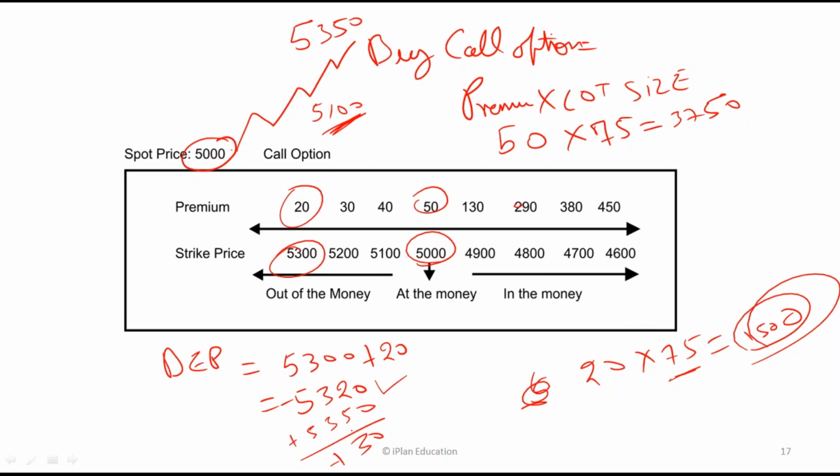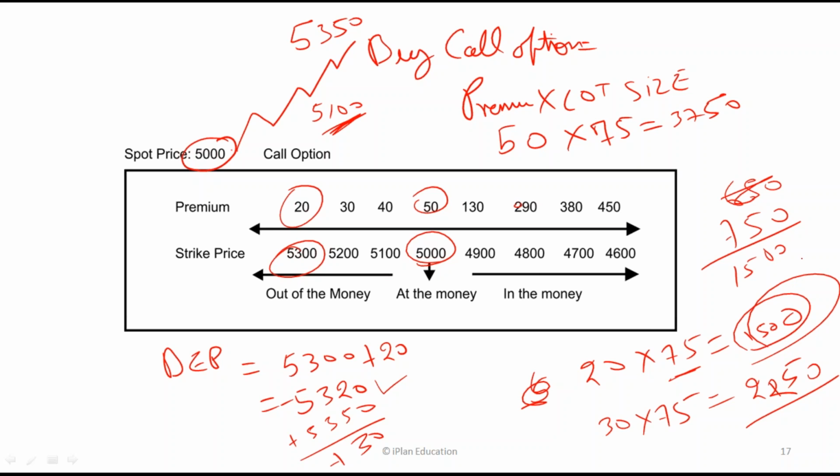And if the price goes higher, let's say 30 rupees, in that situation you have a profit of 30 into 75. That goes to how much? 2,250. Sorry, a profit of 750 on an investment of 1,500, which means around a 50% return on the investment.